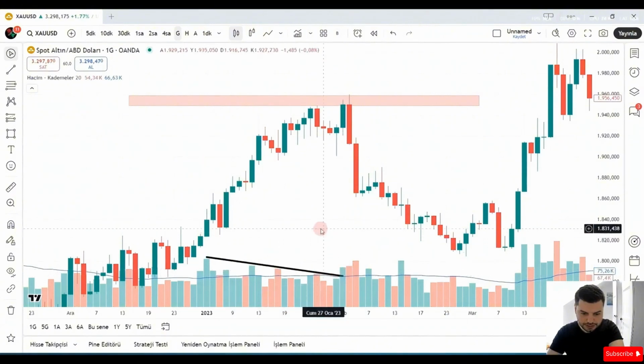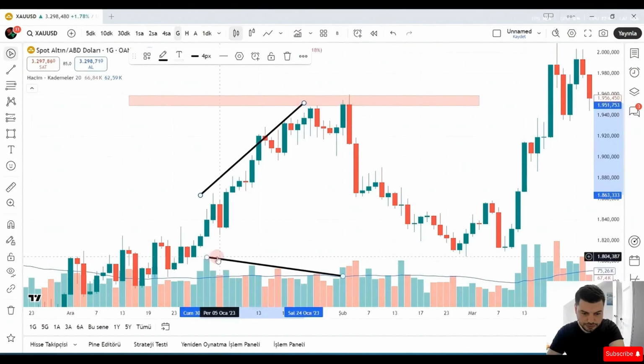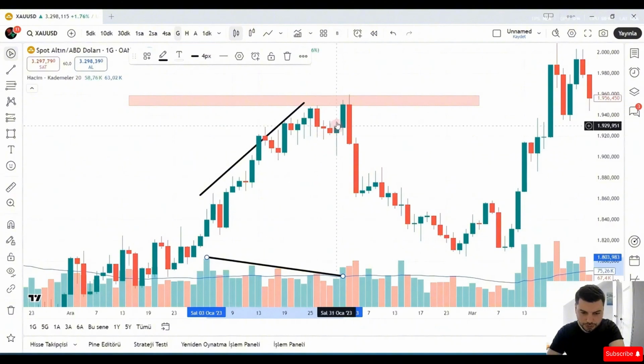Let me show it like this. While the price is rising, the volume has fallen. This gives me the first signal. The volume in the subsequent red candles is high. So this shows that sellers are intervening in a serious way, and we get the signal that the uptrend is very likely to end. Afterwards, the prices fell.